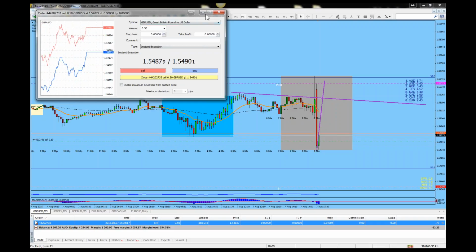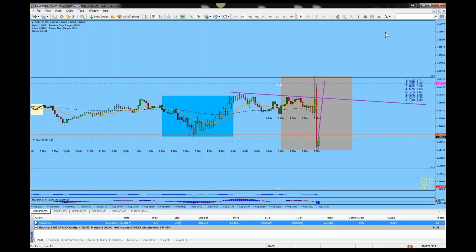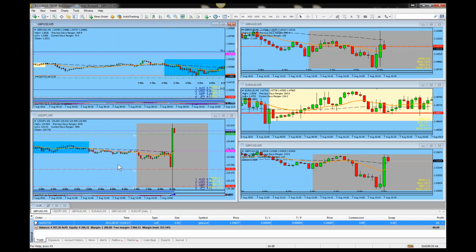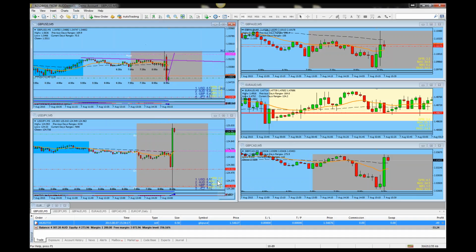Okay, so while we're watching that, I'll close this. Let's just see what the other pairs did. Let's see what the yen did. Well, it did the same thing. There the spike, the spread went to 14. And pound CAD went to 35, 25, and 35.